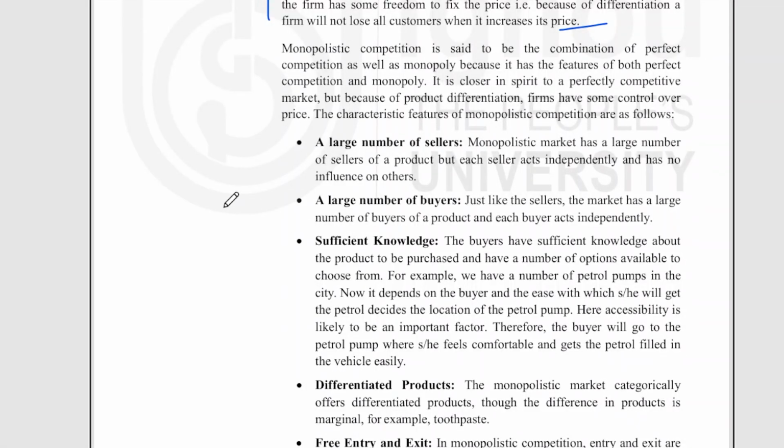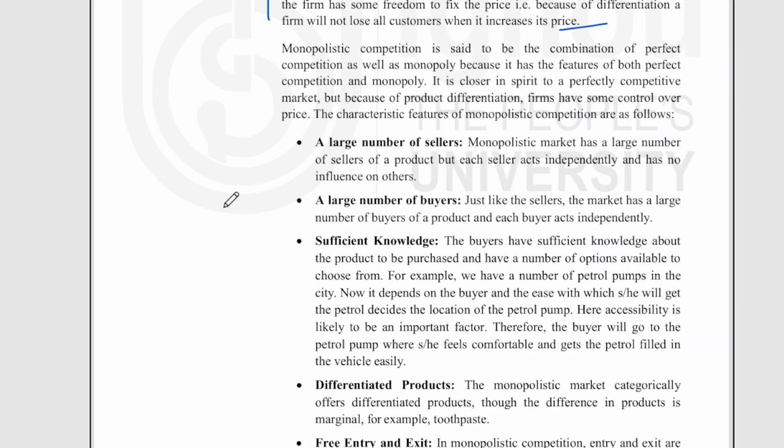Monopolistic competition is said to be the combination of perfect competition as well as monopoly because it has the features of both. It is closer in spirit to a perfectly competitive market, but because of product differentiation firms have some control over price.